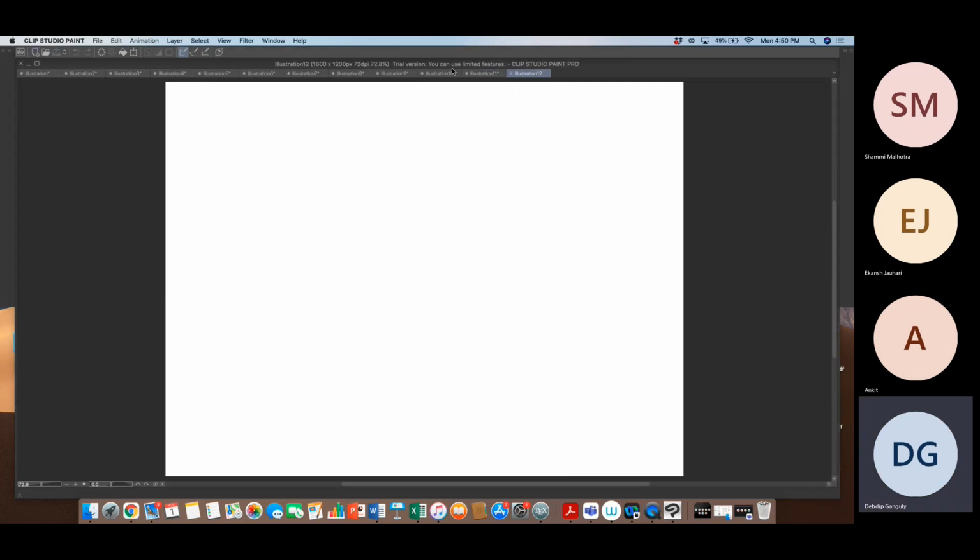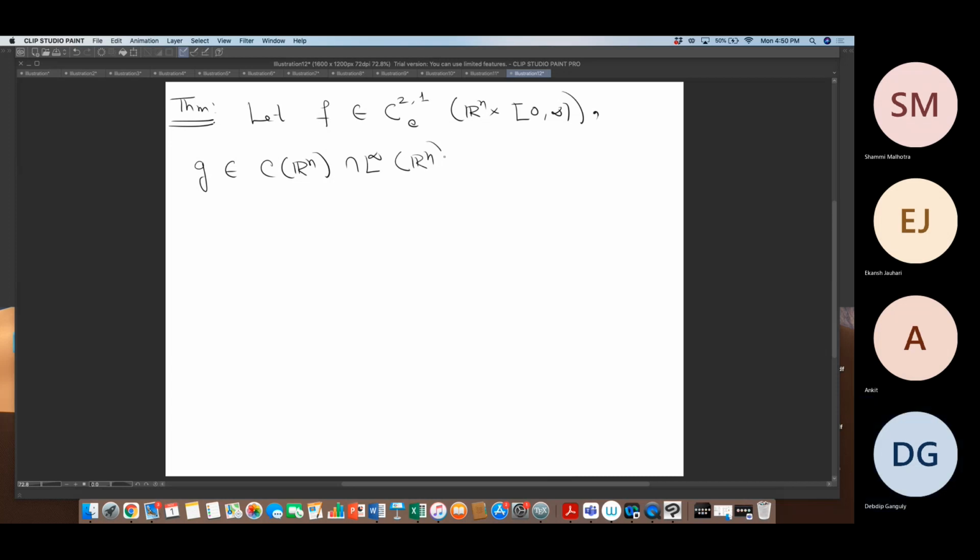So I can write these two theorems. I have proved two theorems today, right? So I can make these two theorems into one, and I prove like this. Let f be C^2_1 with compact support on R^n cross (0, infinity), and g a continuous function on R^n, meaning both the non-homogeneous parts, right?